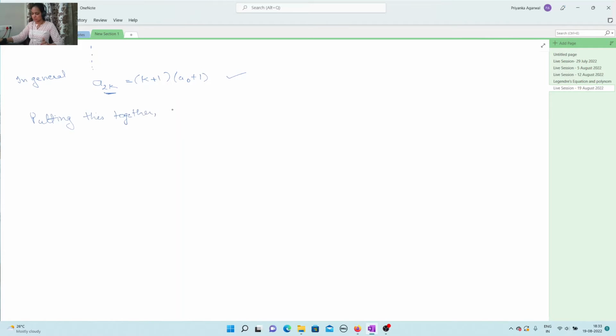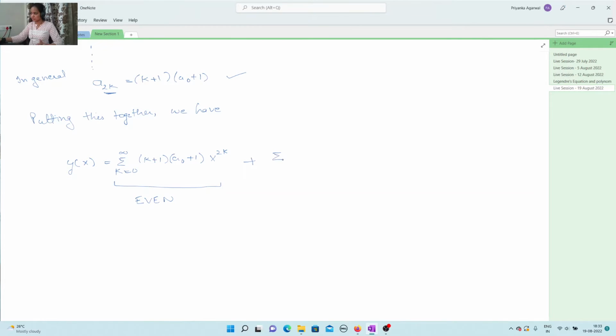So putting this together, we have y of x equals summation k equals 0 to infinity (k plus 1)(a0 plus 1) x to the power 2k. So this is the even terms, plus now the odd terms.